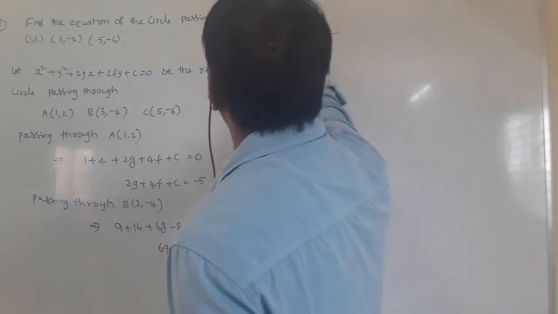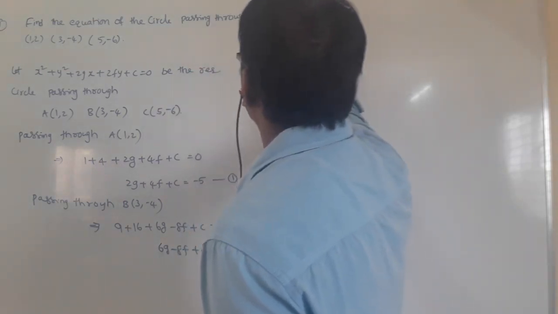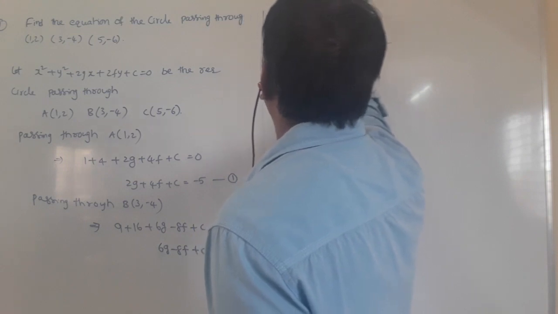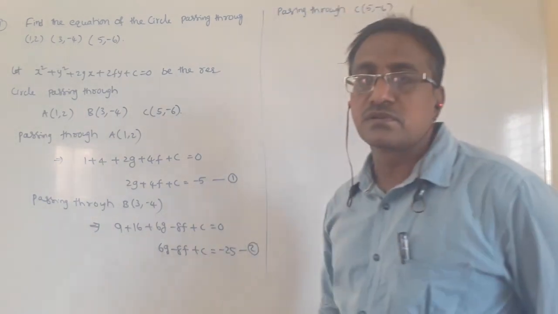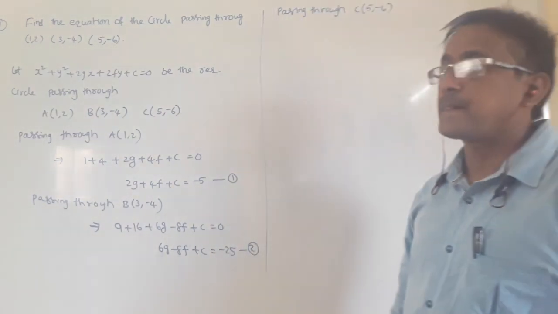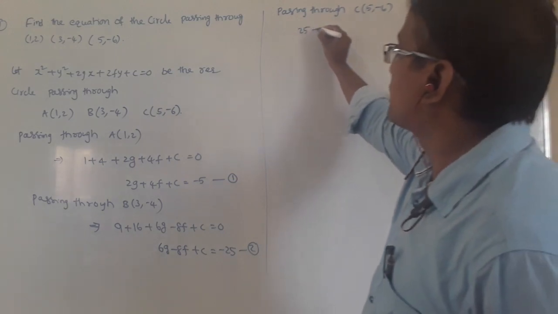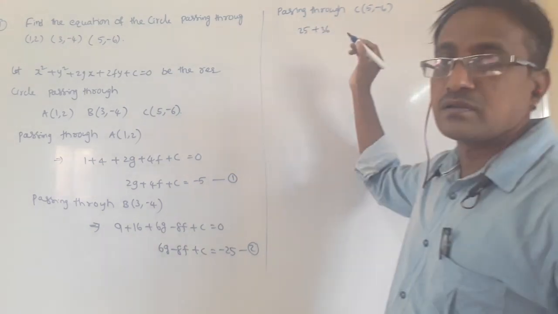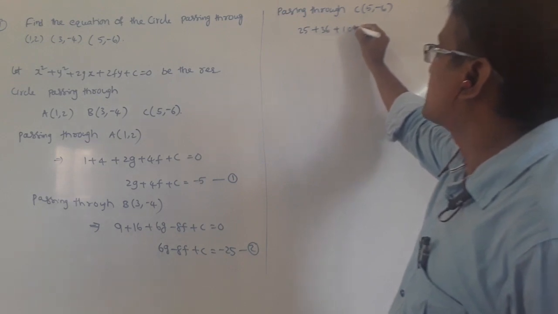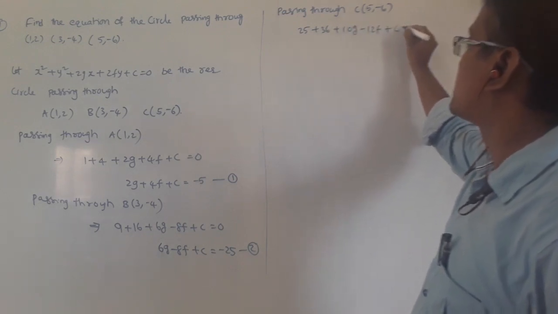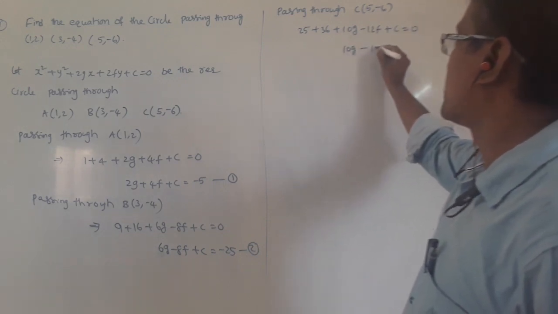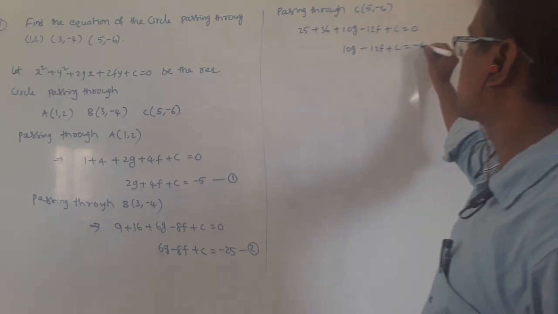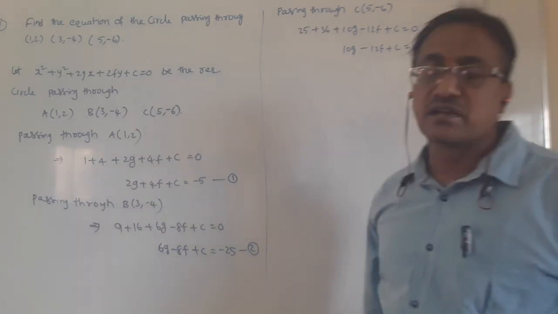Now again this circle is passing through C(5, -6). Substitute that point: 25 plus 36 plus 10g minus 12f plus c is equal to 0. So 10g minus 12f plus c is equal to minus 61. Let it be equation 3.